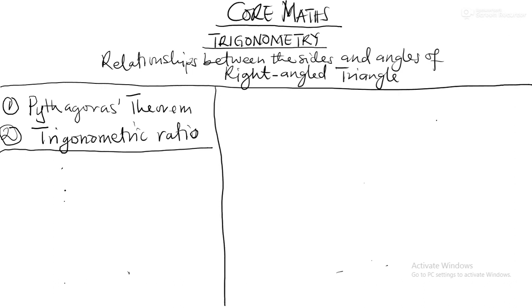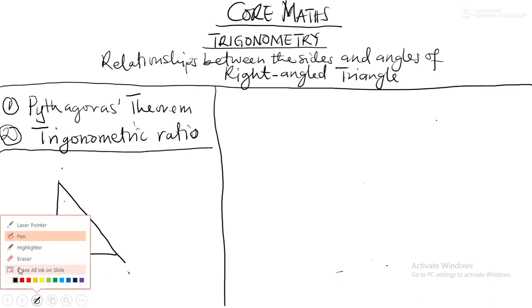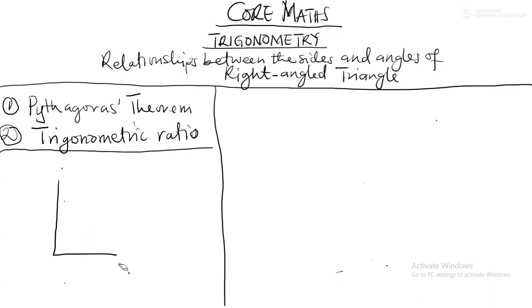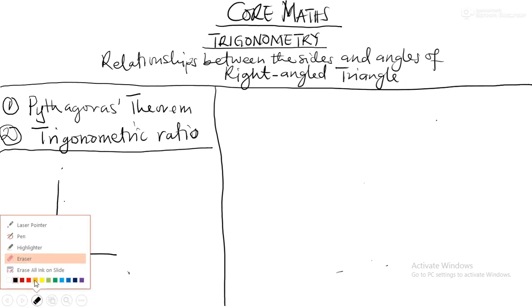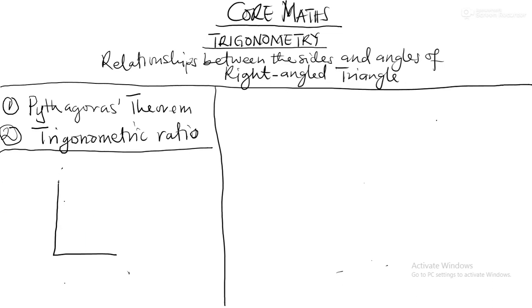Assuming this is our right-angled triangle, this is our 90-degree angle.